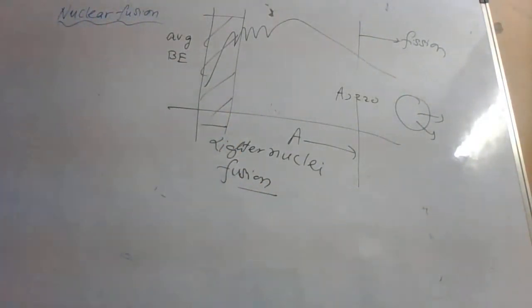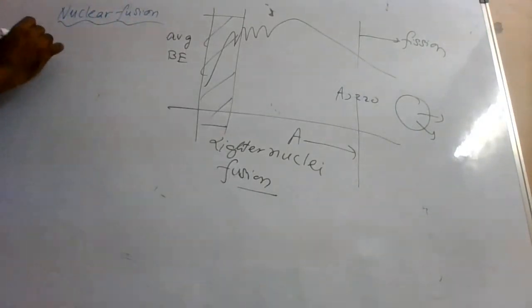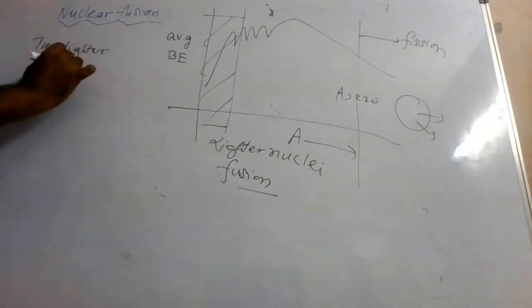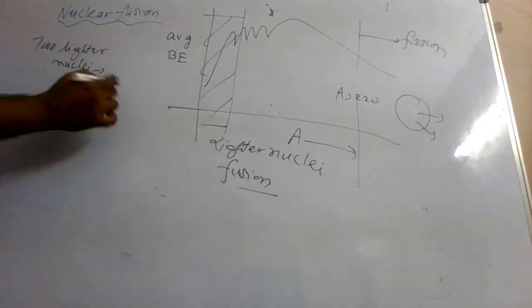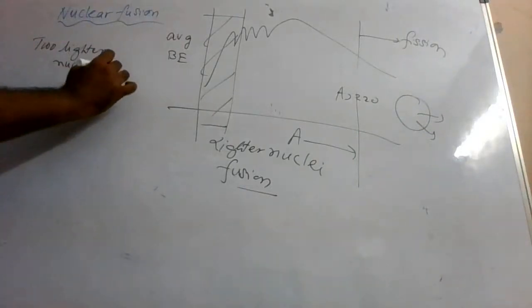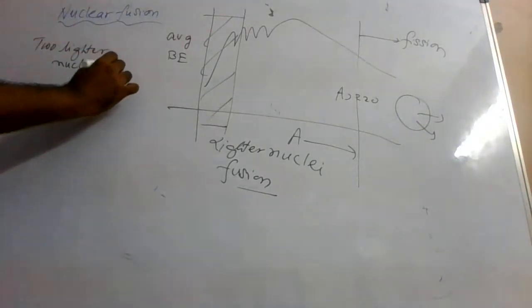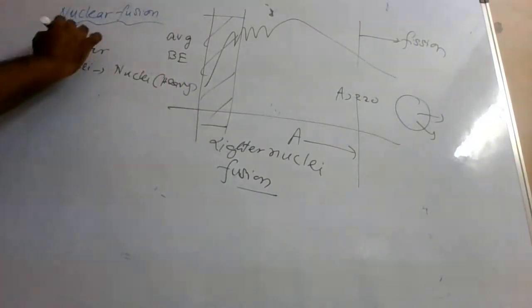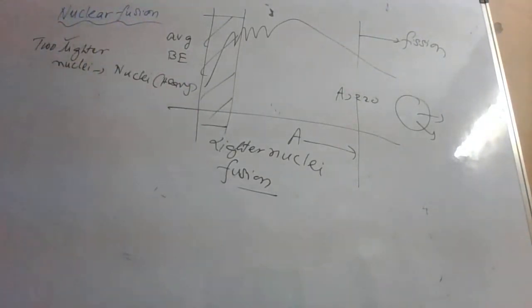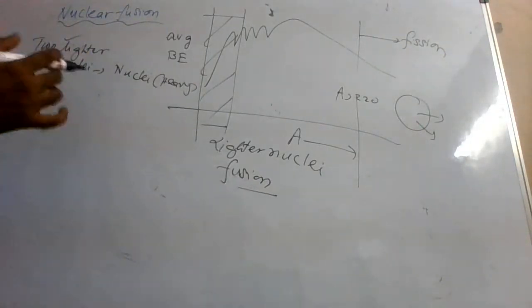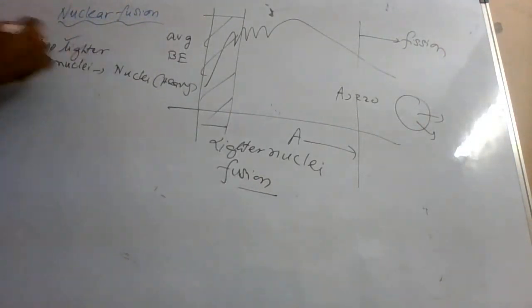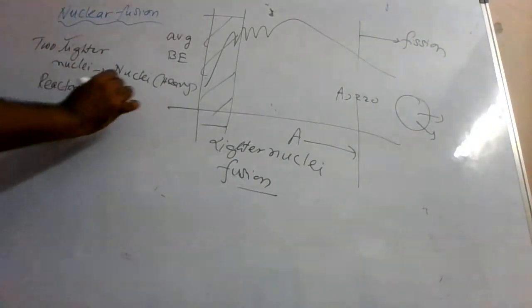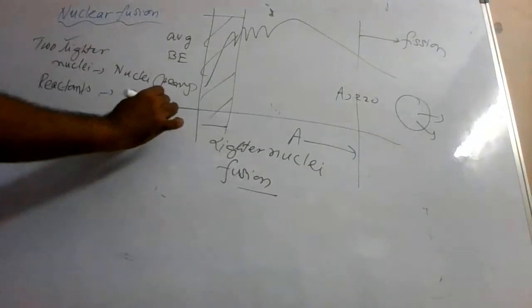Now here what happens is two lighter nuclei combine to form another, slightly heavier nucleus, okay, a little heavier compared with these. Alright, so in this process energy is emitted. Why? Because the left hand side are reactants, the right hand side are products.